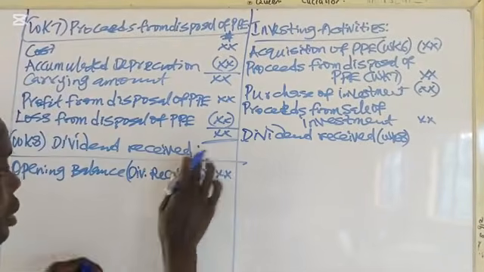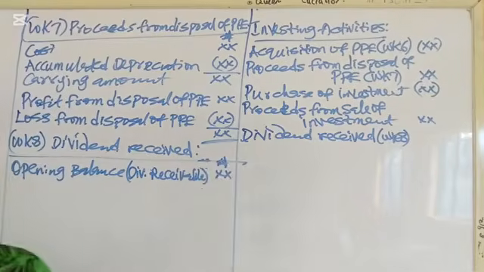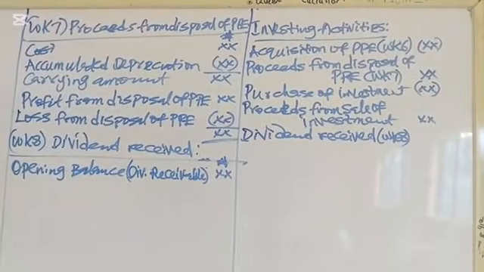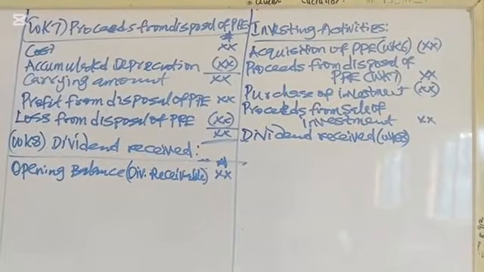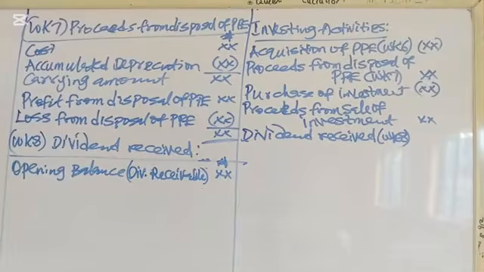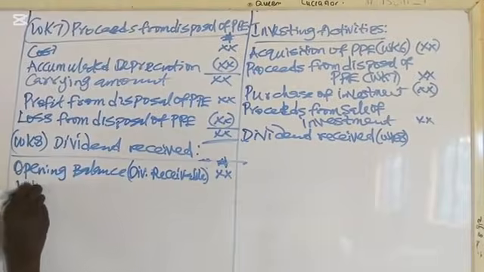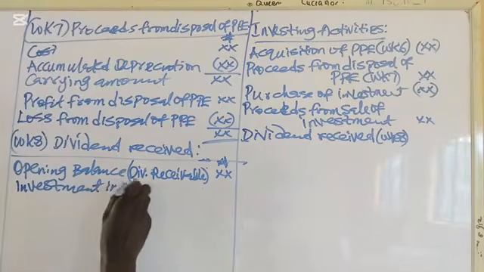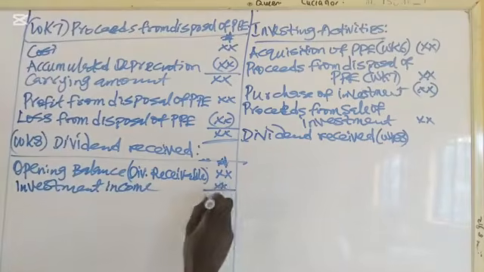Take the opening balance in respect of dividend receivable, and sometimes it will be recorded as investment income in the face of profit or loss. You have investment income. If any, you add it.